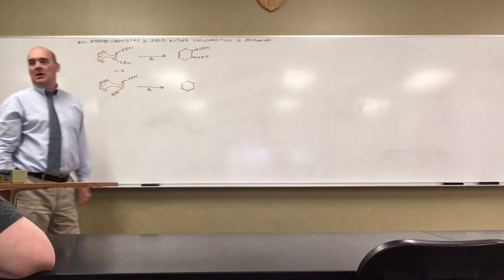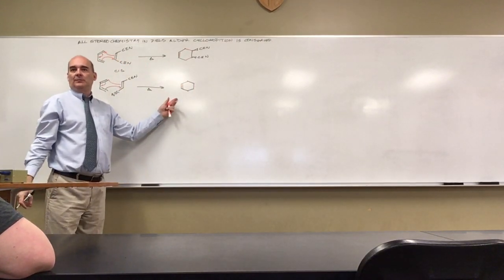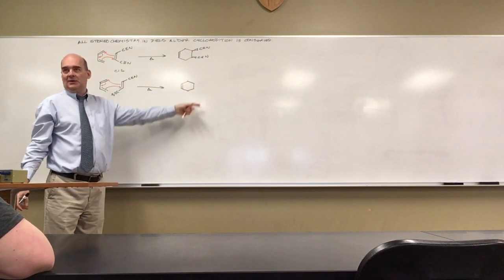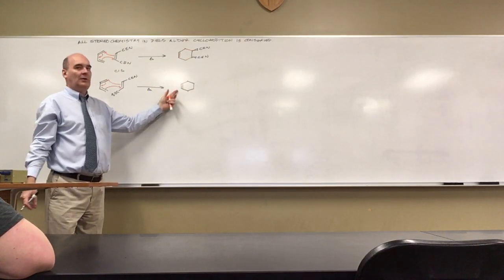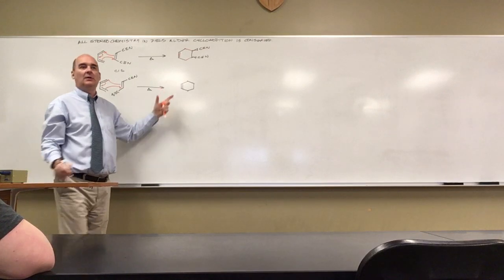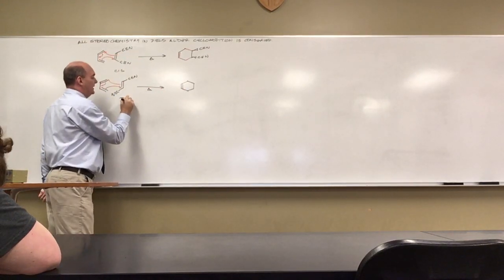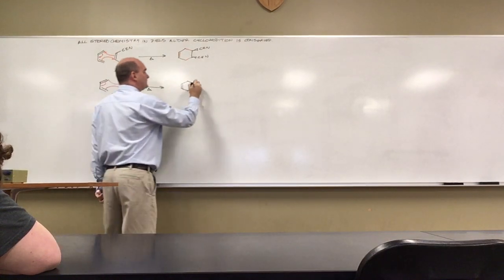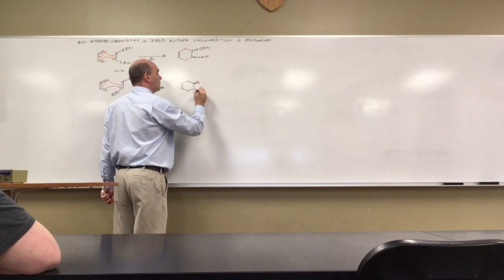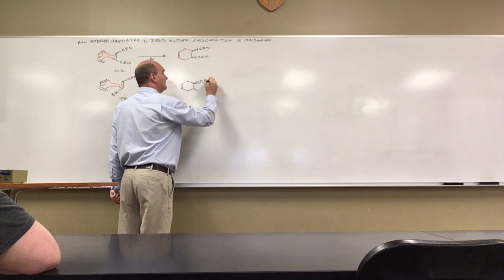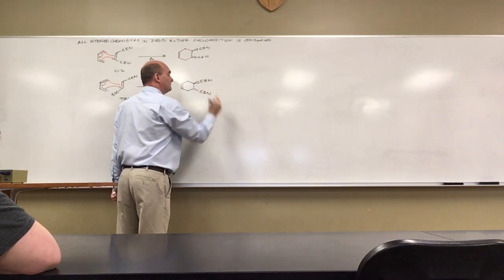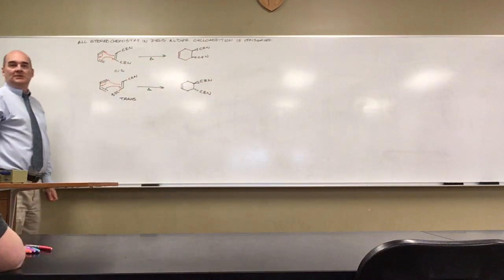Same template every single time. You make the double bond, you make the cyclohexene with the double bond vertical and to the left. Now, because the dienophile was trans, you get this.